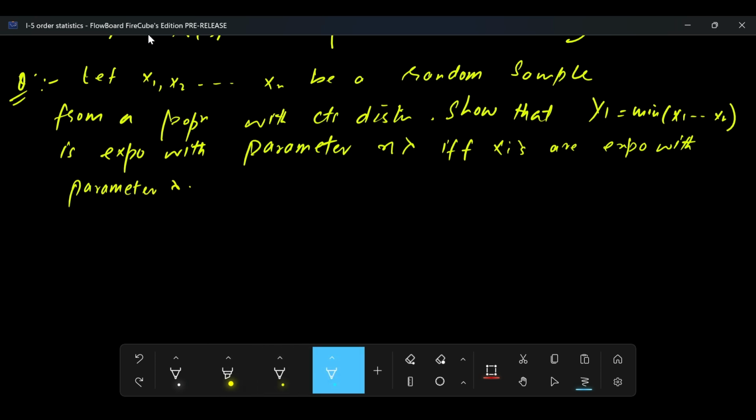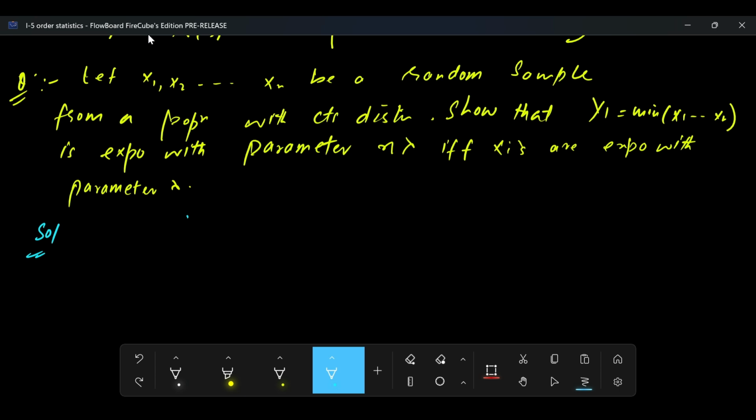See, what's the question? Question is x1, x2, xn is a random sample from a population with continuous distribution. Show that the minimum of these will follow exponential with n lambda.